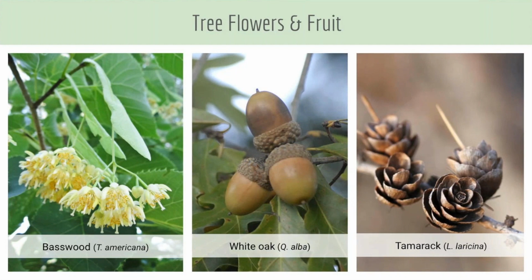With white oak, you have acorns, and the size and shape of the acorn will vary depending on the species you're looking at. Lastly, we have tamarack cones, and this is very distinctive, very different from things like a pine cone. And it can be easy to tell, especially in the winter, because they'll lack leaves. So it's just a naked branch with these little cute cones on them.